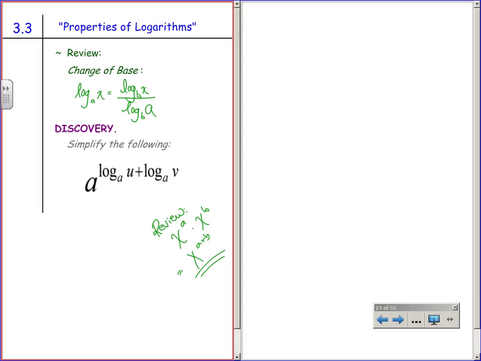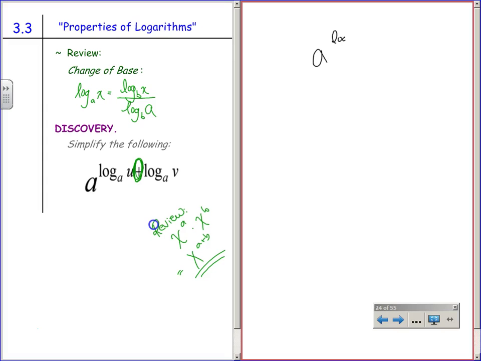Okay. Yeah. So the same way we go from here to here, at least my foot's not broken this time. Same way we go from here to here, you can also go backwards. Why am I showing that? It's the key. Ready? We take this expression, a to the log base a of u plus log base a of v.